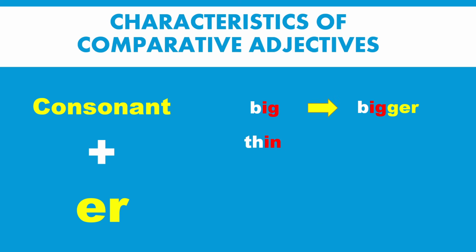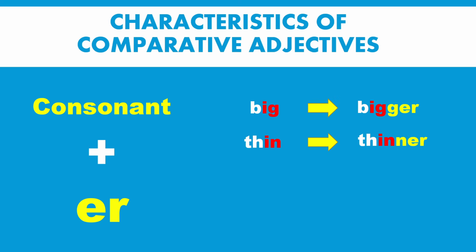Next, thin. Thin has the same characteristic. It ends with N, so N is a consonant, and the second last letter is I, which is a vowel. So when we change into comparative adjective, it becomes thinner.